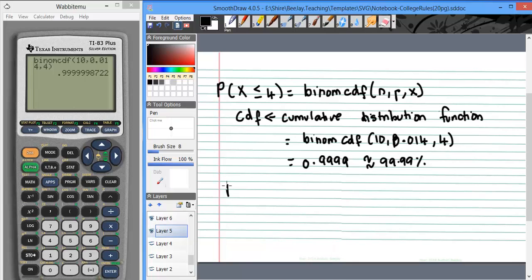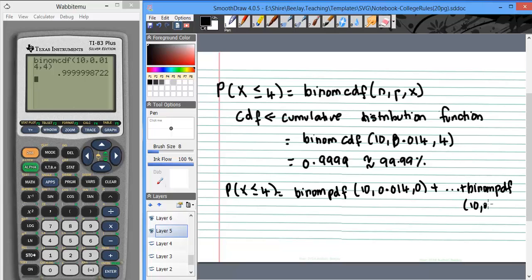So probability x less than or equal to 4 would mean binom PDF 10, 0.014, 0 plus ... up to binom PDF 10, 0.014, 4.